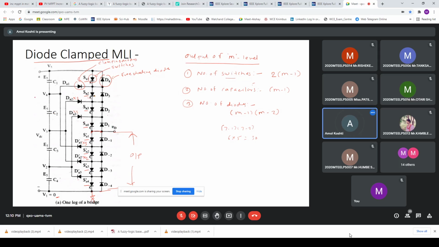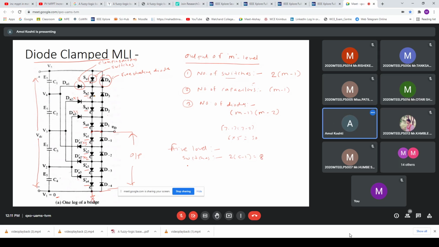First, see, our total input voltage is VDC. This circuit diagram is for a 5 level inverter. For 5 level, how many switches do I need? 2 into (5 minus 1), that is 8.